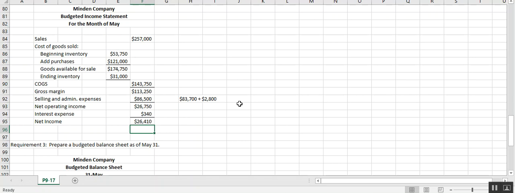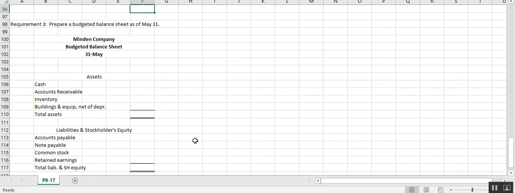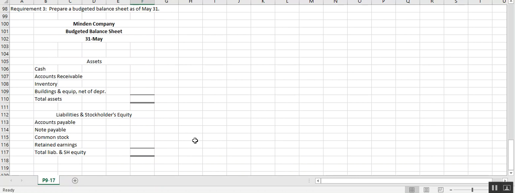All right, so then requirement 3, which is the last part, is to prepare a budgeted balance sheet. So again, I have a template here. The first thing we started with was cash.